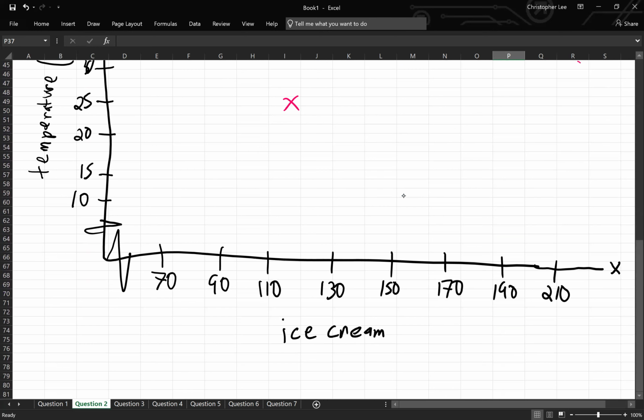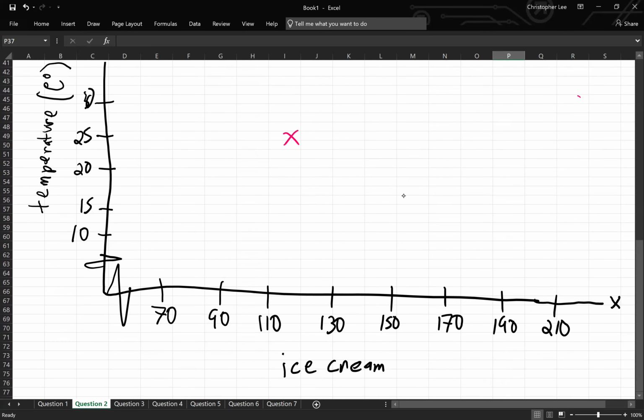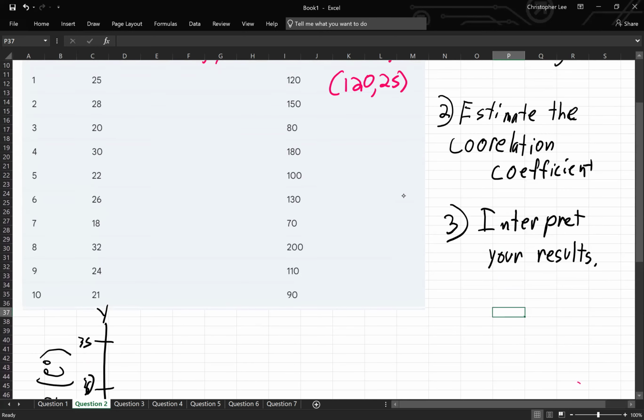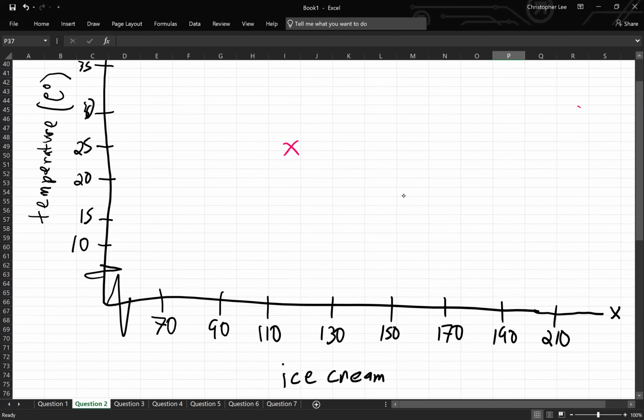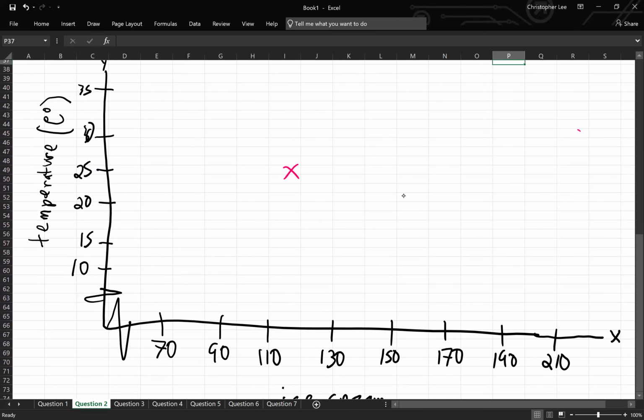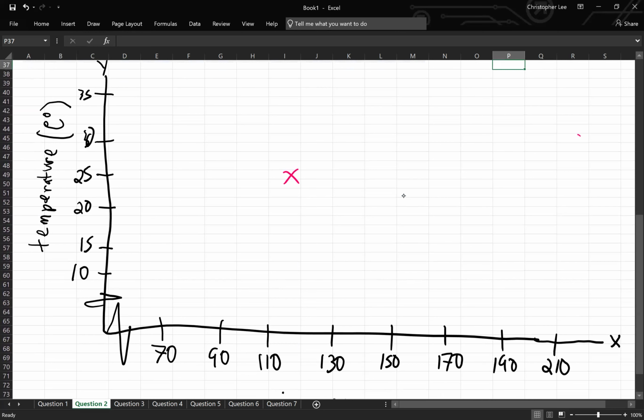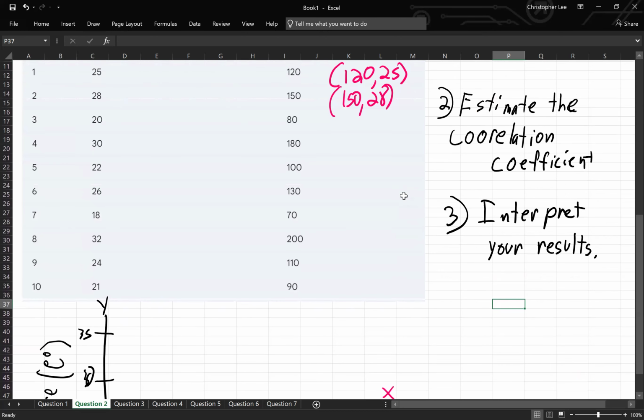We're just trying to get the best that we can. Next, I have about 150 and 28. So let's look at where 150 is, go up to where 28 is. I think 28 is somewhere like here. Just making it up. What's the next one? 80 and 20.